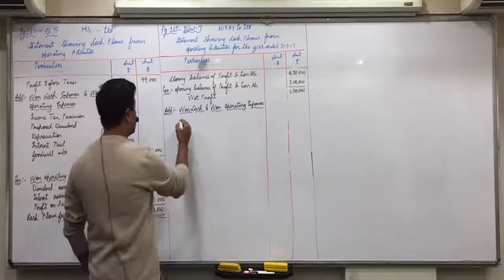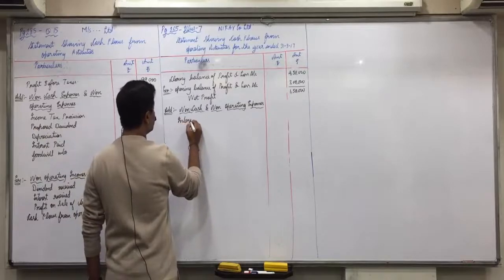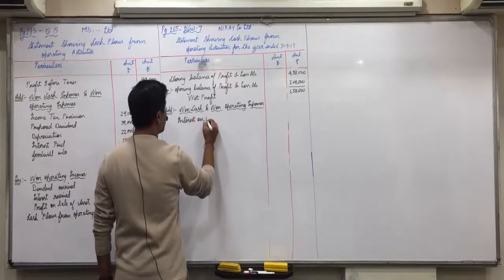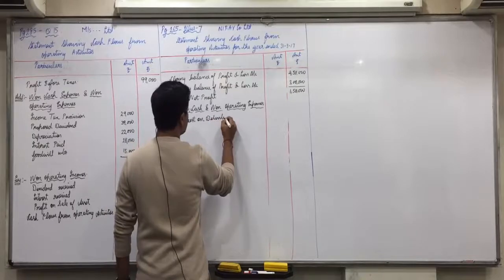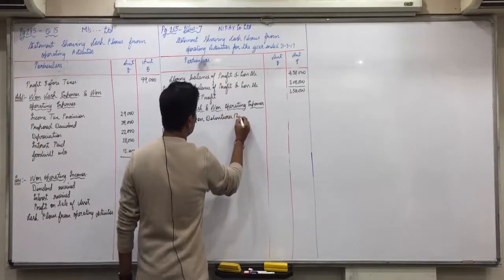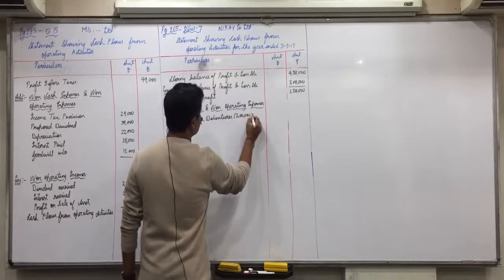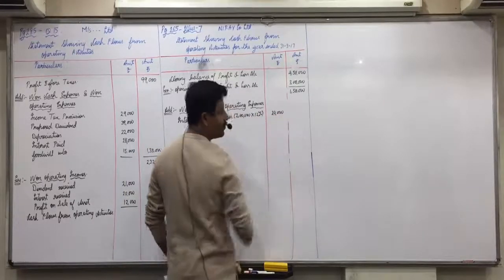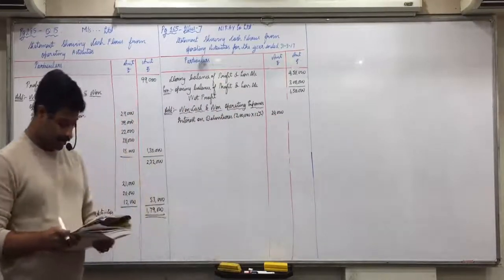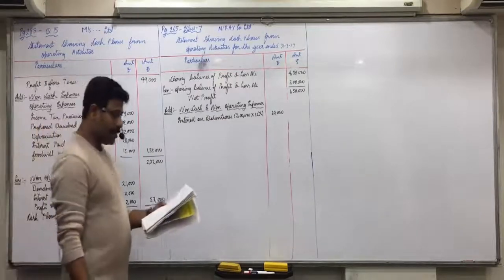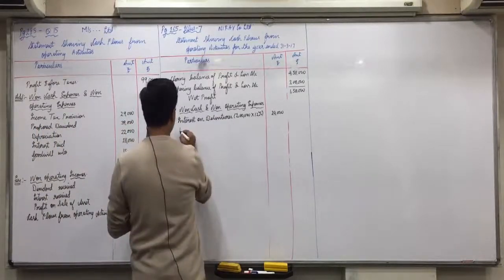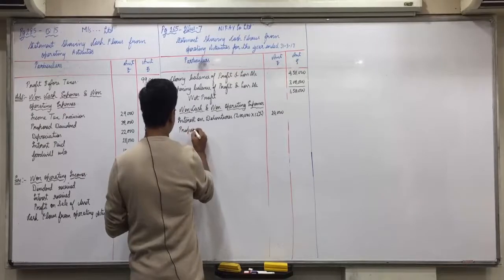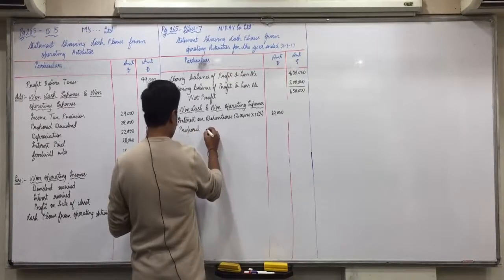So interest on debentures, two lakhs into 12%, 24,000. Then proposed dividend 50,000.